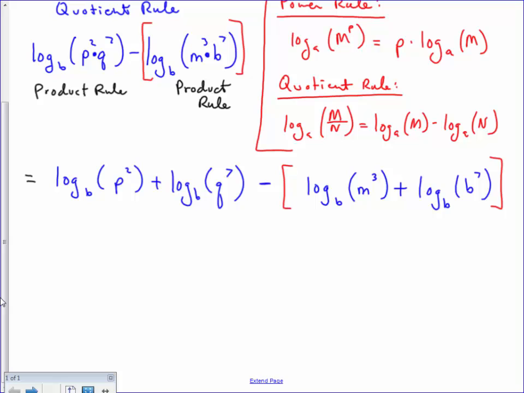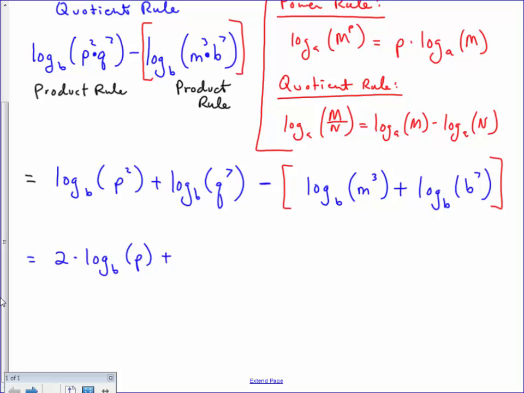Now I look at what my arguments are, and I notice that all my arguments have powers on them. So I'm going to use the power rule. Power rule says whatever the power is on your argument, you're going to multiply that to the front of that particular log. And so here, this would become 2 times log base b of p.